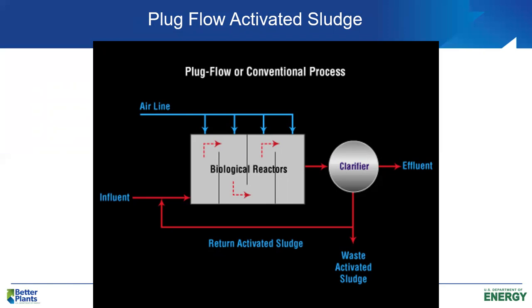This is the most efficient type of activated sludge process because the wastewater stays in the reactor pretty close to the theoretical detention time. And so we have minimal short circuiting, and again, our most efficient type of activated sludge reactor.